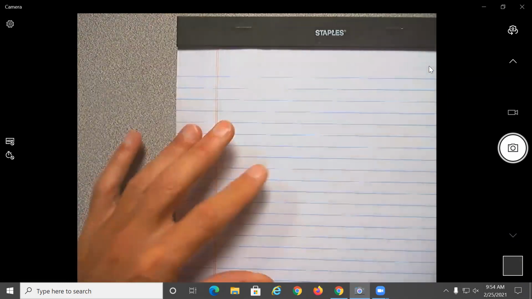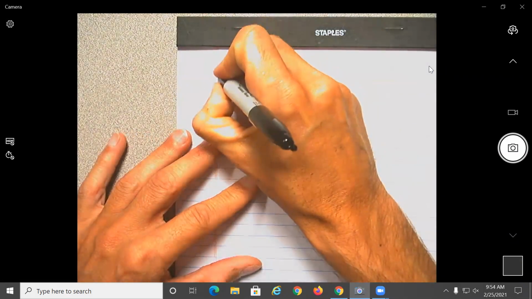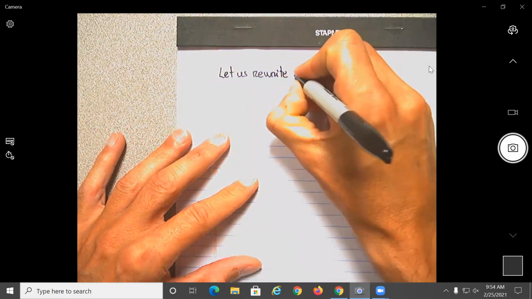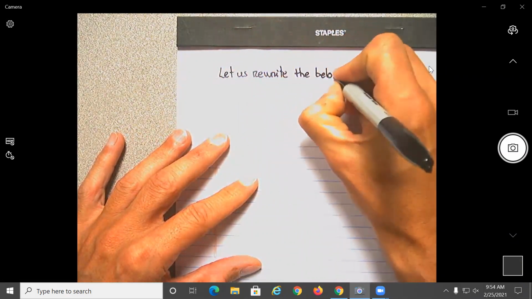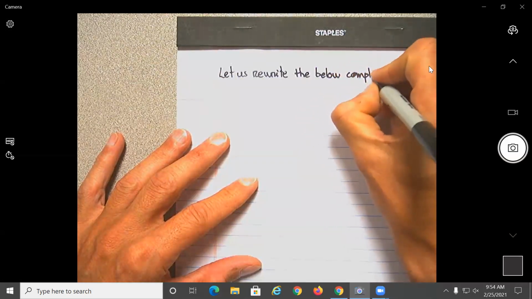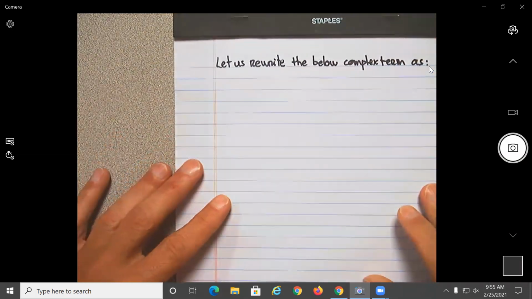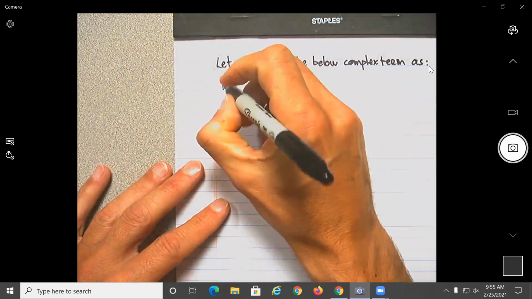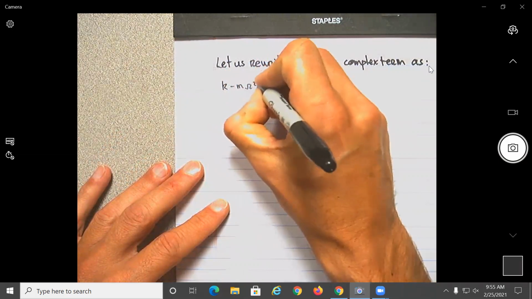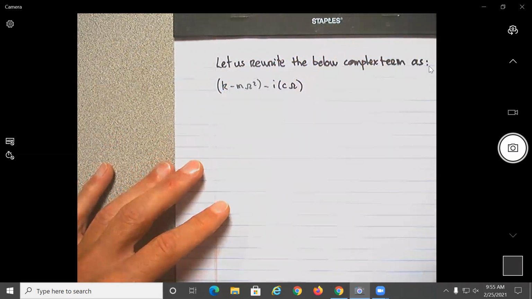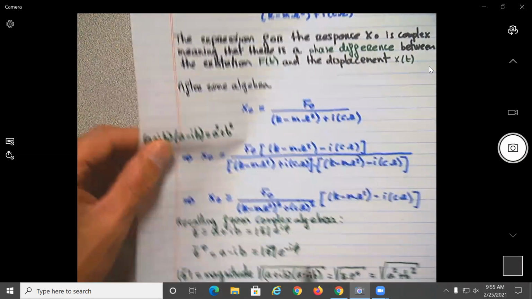Okay, so let us rewrite the below complex term, so that term that we're trying to rewrite is k minus m omega square minus i c omega. So basically this one over here.